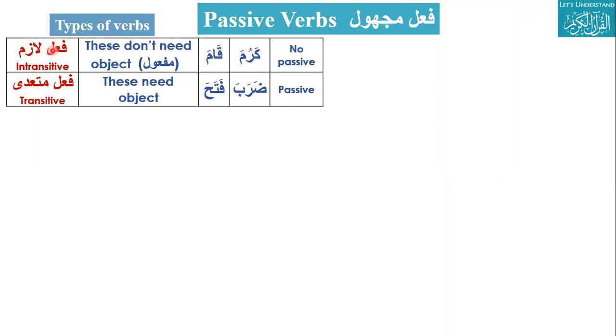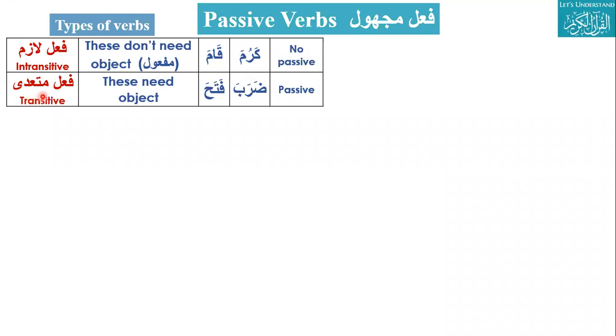They do not need maf'ul. Like karuma, qama. Okay, when we did the TP of karuma, we said it doesn't have maf'ul. So those verbs that do not have maf'ul, these are fail lazim. So when these verbs are fail lazim, then we do not make passive voice of those verbs.